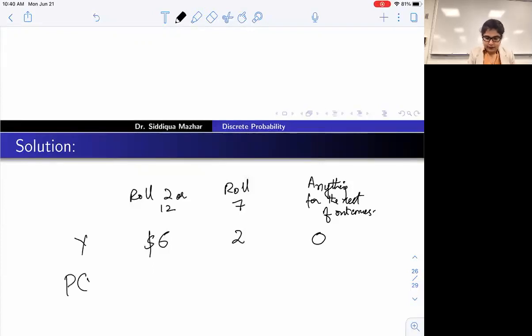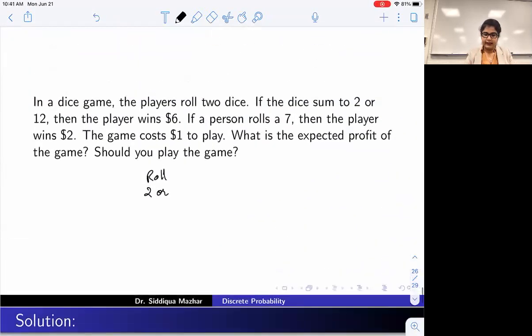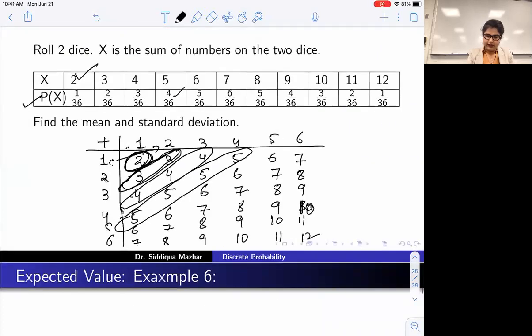So the payout probability. This is why I made that table, so that you can figure it out. What is the probability of getting the roll of 2 or 12? For getting a roll of 2, it is 1 by 36, and for getting a roll of 12 it is 1 by 36.